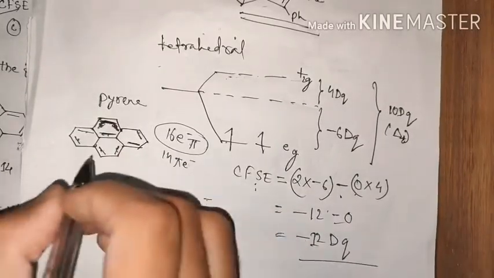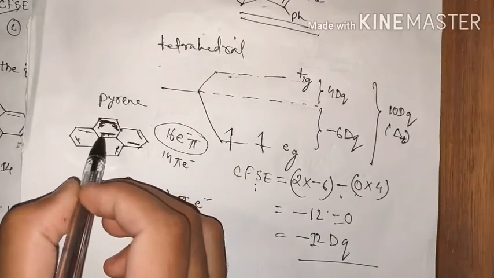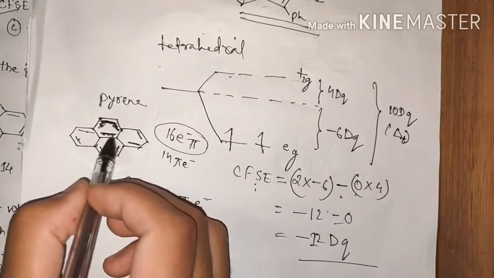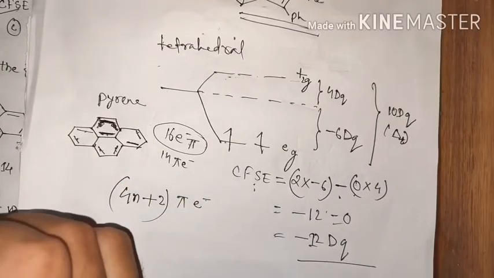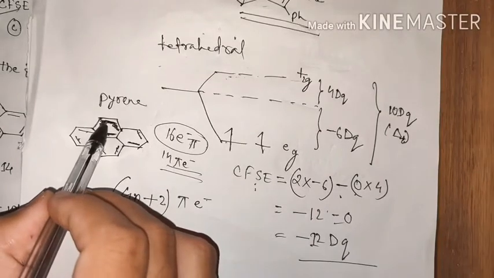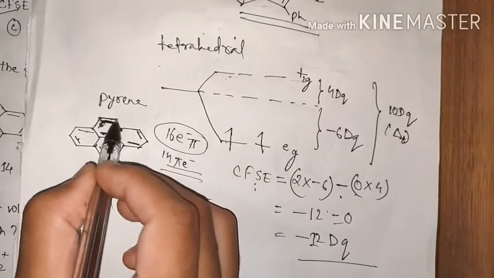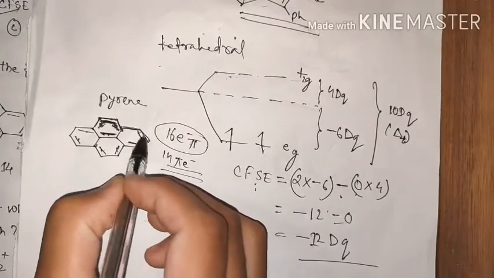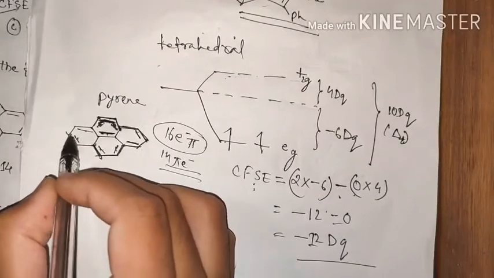This is exceptional because the bond that is present in the middle of this compound will not be taken. That is why it becomes 14 pi electrons. We will just take the electrons of the outer 7 double bonds.